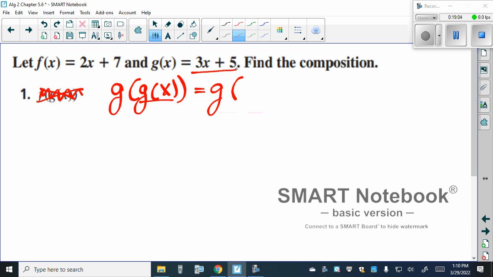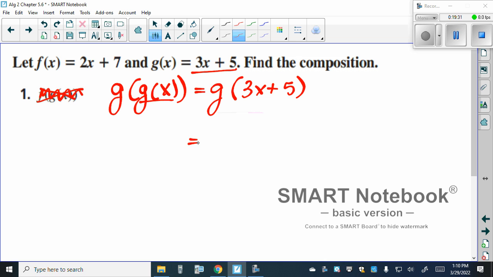3 times x plus 5. So what we're going to do is replace g of x with its function, 3x plus 5. Now, all the ones we've done up to this point have been either f of g of x or g of f of x, and at this point we would take it and plug it into the other function. We would replace x with f of x.